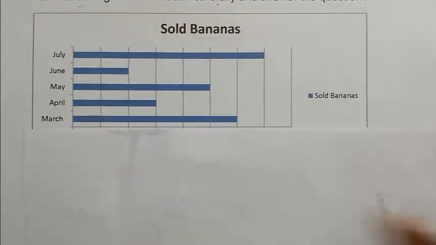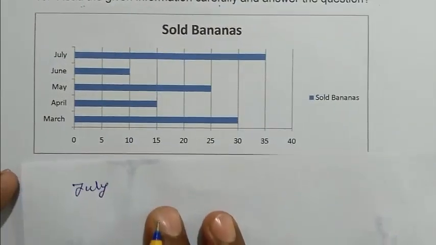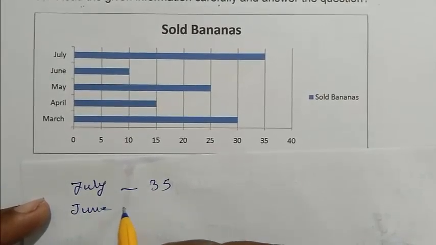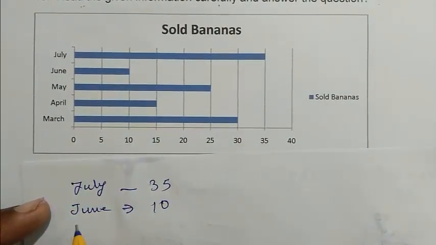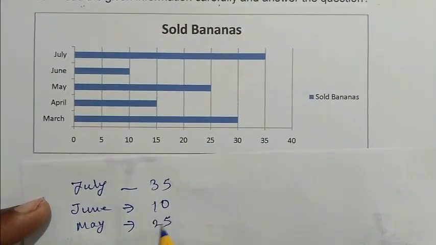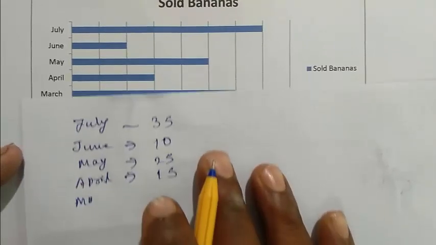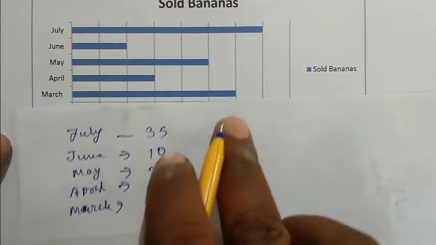So in July that is 35, June that is 10, May that is 25, April that is 15, and March that is 30.